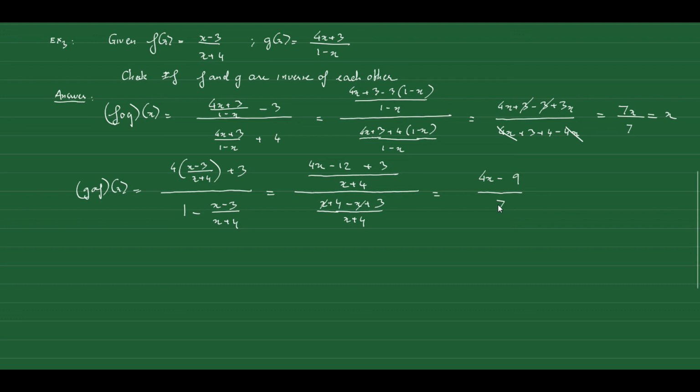Minus 3 over x plus 4, minus 12 plus 3, 4x minus 12 over 7. Okay.